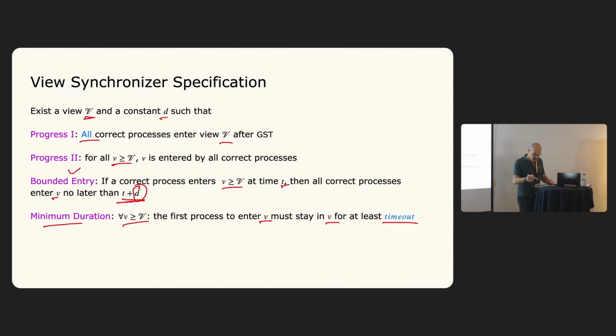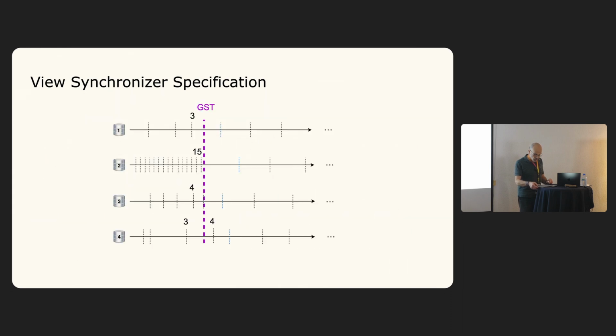Now, if we have this abstract specification, and we produce a synchronizer that satisfies it, then we essentially know everything we need to know to have a live consensus protocol. So we look at this example. Before GST, we have processes in many different views.